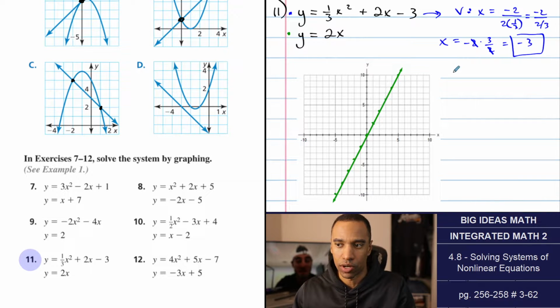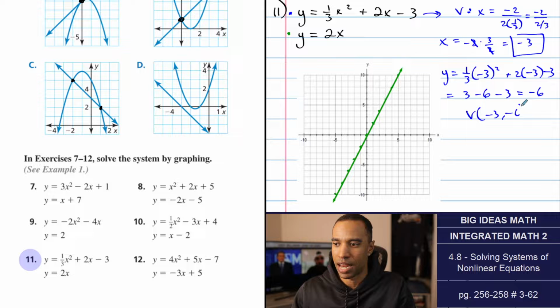I think we're going to get an integer on this one, which means I can show you the other version. Or I feel comfortable in showing you. 1/3 times negative 3 squared plus 2 times negative 3 minus 3 is 9/3, which is 3, minus 6, which is negative 3, minus 3, which is negative 6. So your vertex is at negative 3, negative 6. Okay? So negative 3, negative 6.